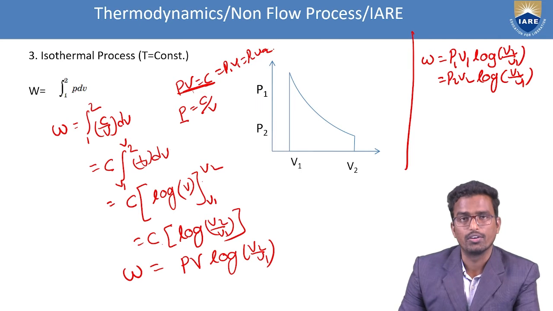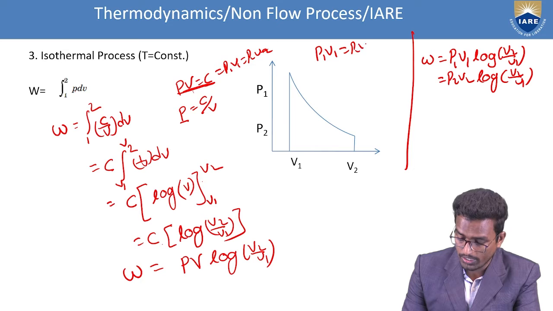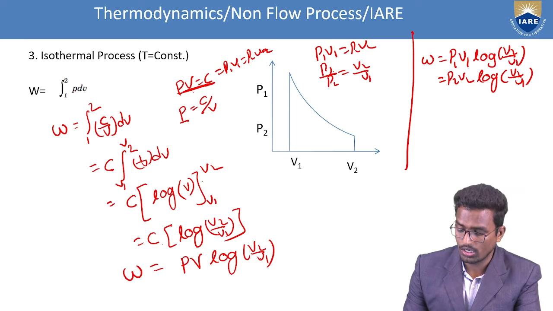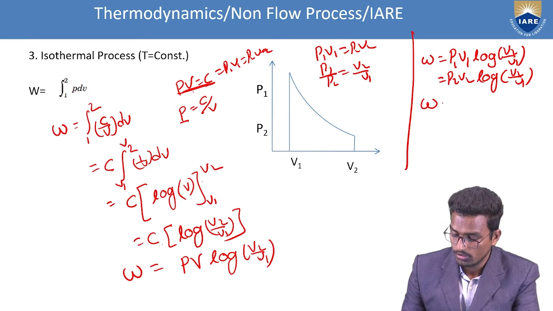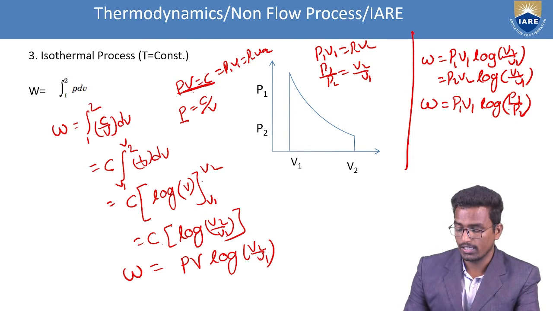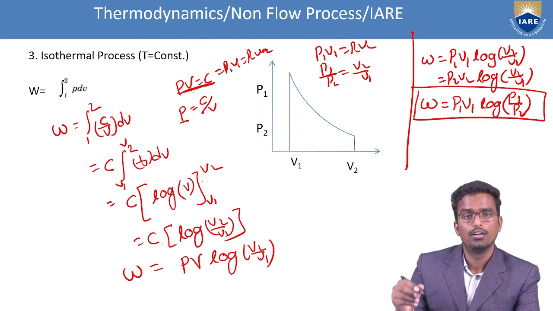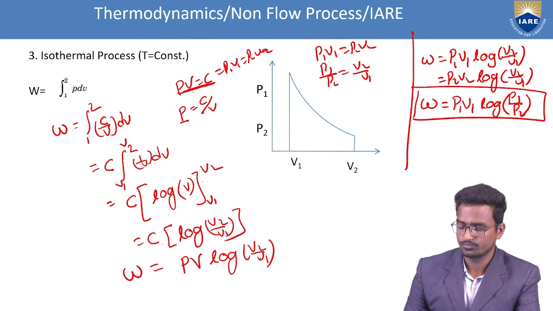Also, since P1 V1 is equal to P2 V2, P1 by P2 is equal to V2 by V1. So in place of V2 by V1, you can also write P1 by P2, giving P1 V1 log of P1 by P2. This is the formula for work done in isothermal processes.